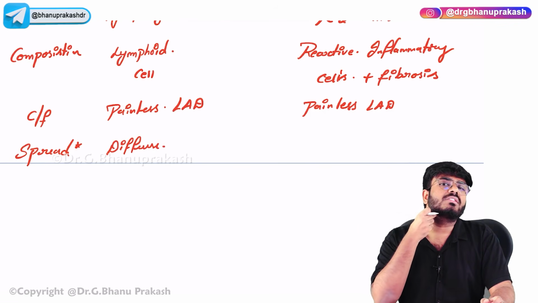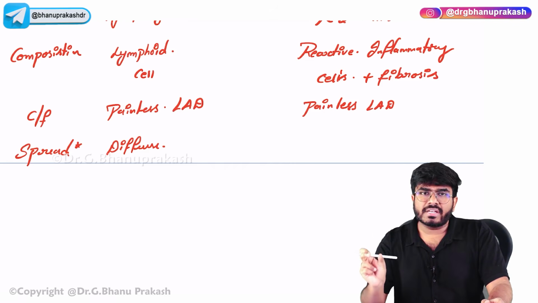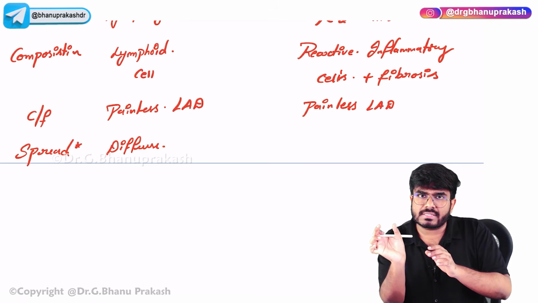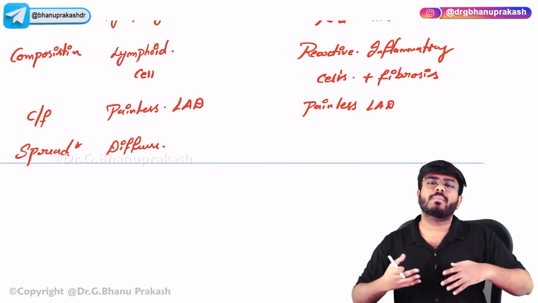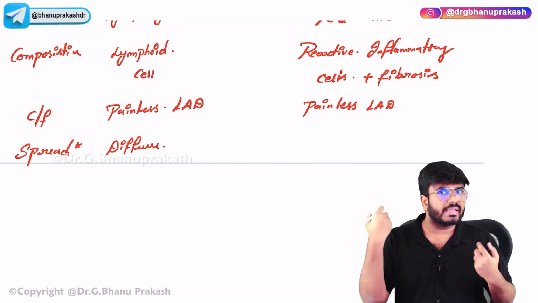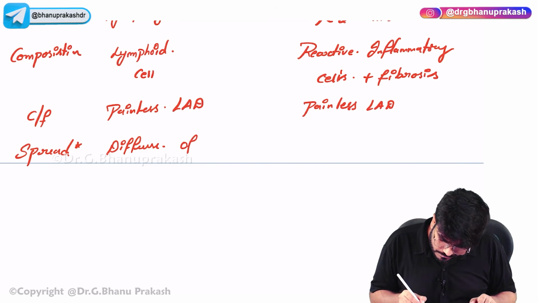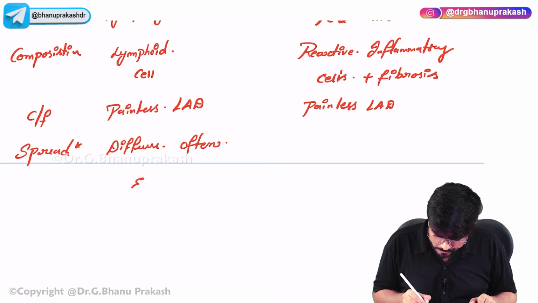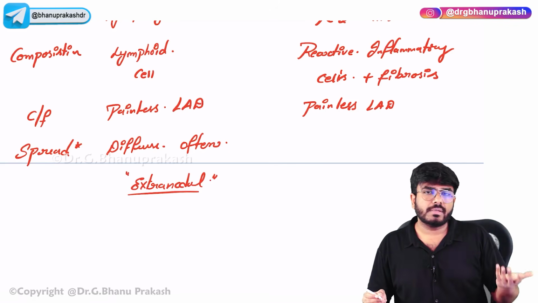It's not like first these nodes, later these. Non-Hodgkin's lymphomas do not follow a sequence. It's not first cervical lymph nodes, then axillary lymph nodes. It can be diffuse, any lymph node can be affected, random. Often extranodal involvement can be seen. Not just the lymph node, even other tissues can be affected.